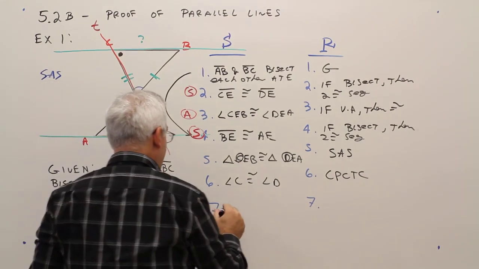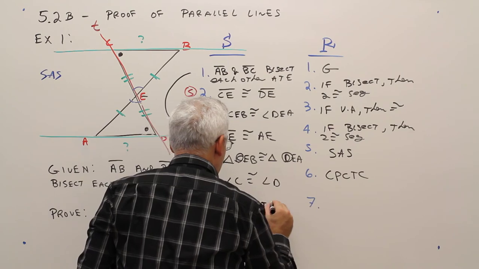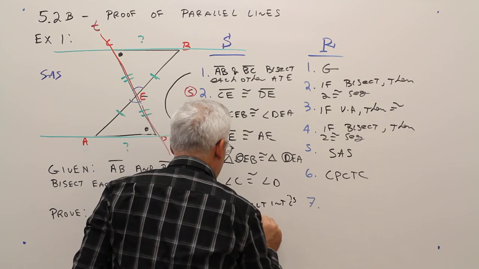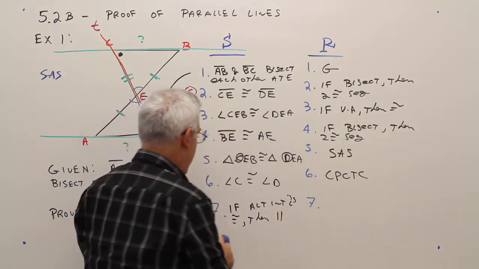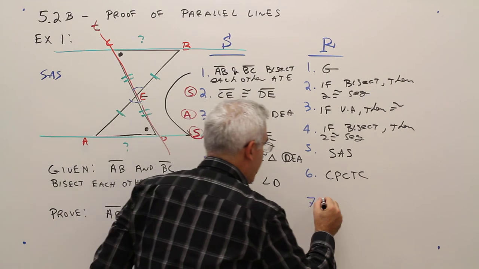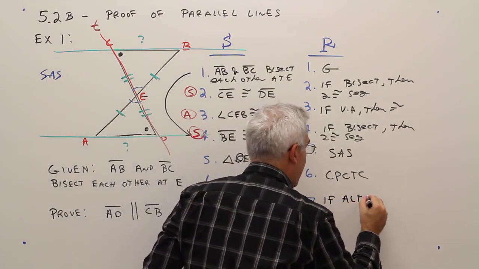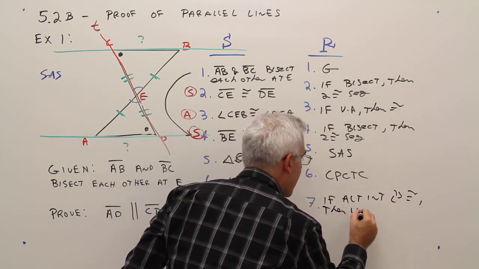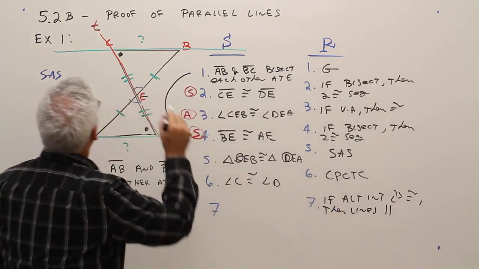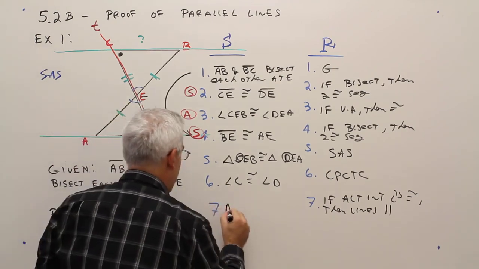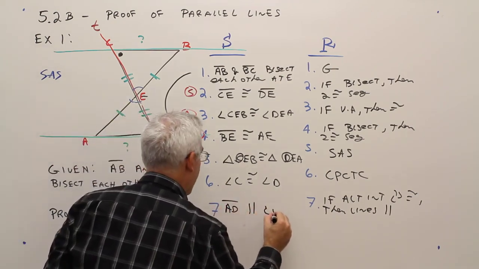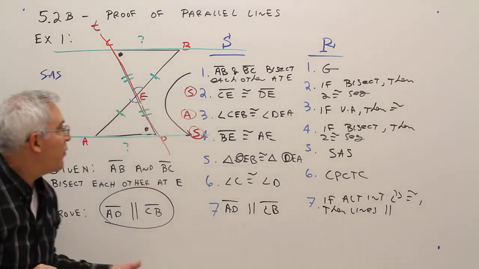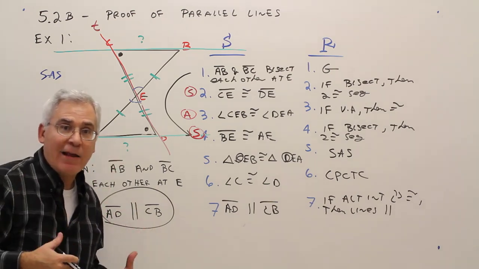So I gotta say if alternate interior angles congruent, then the lines are parallel, and I was trying to get this right here. AD is parallel to CB. So there you have it, how to do a basic proof of getting lines proven parallel.